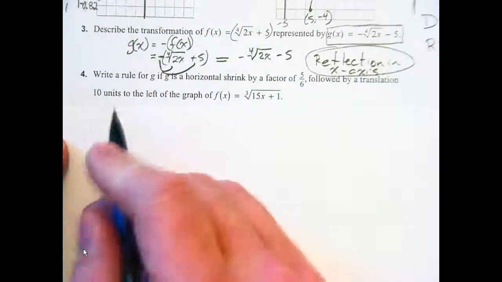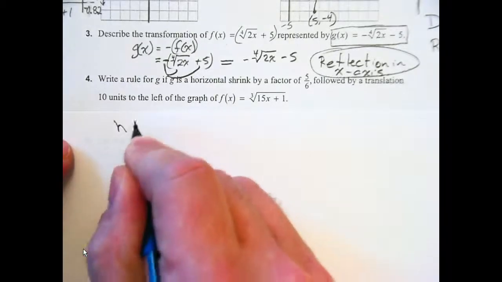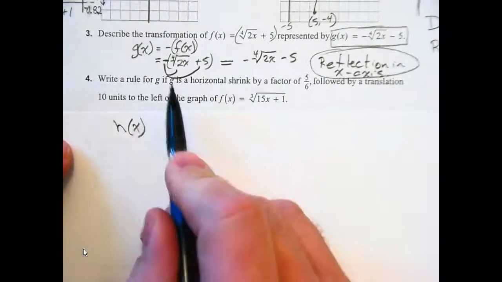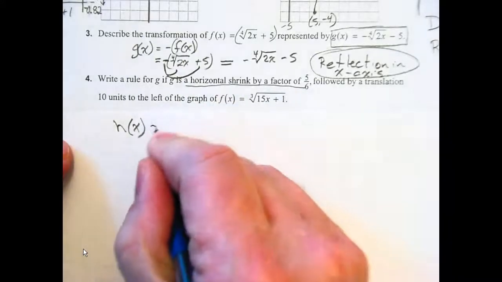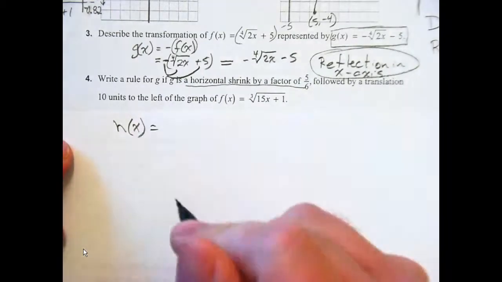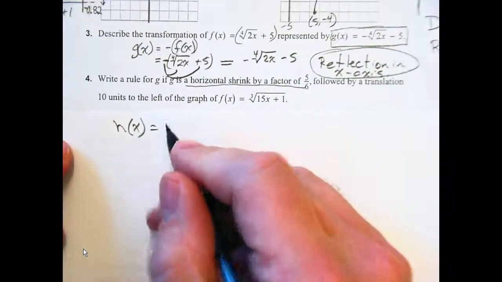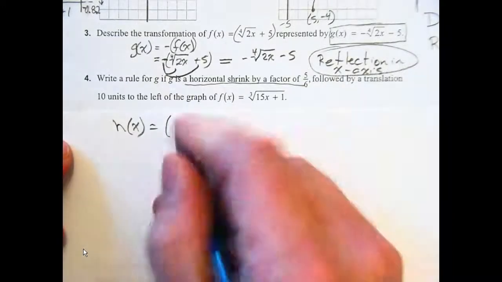I'm going to take f of x, and the first thing I'm going to do to it is a horizontal shrink by a factor of 5/6. Now, if you recall from back when we did these earlier in the year, when you're dealing with a horizontal shrink or stretch, you're taking the reciprocal of that. So you're multiplying it by 6/5.